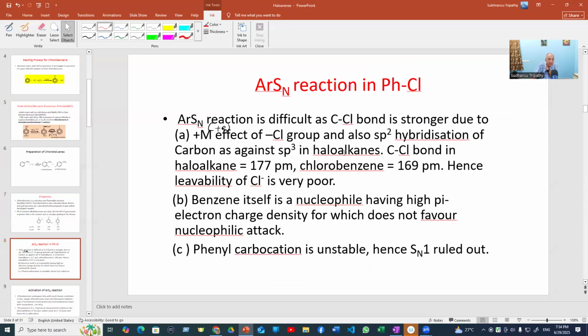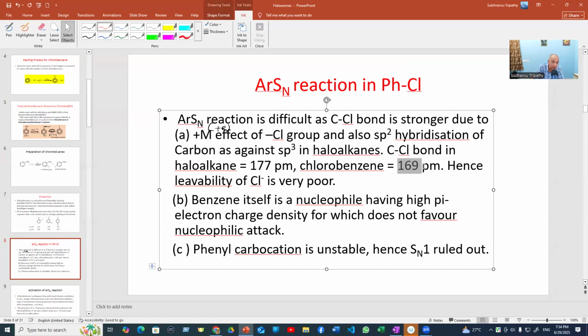We have already seen, I have written why in chlorobenzene ArSN is difficult. I have told you it is sp2 hybridized, and here I have given you the bond length, which is inversely related to bond strength. In chlorobenzene, since it's sp2, the bond length is 169 picometer, while in haloalkanes it is 177 because of sp3. So this bond is strong, and moreover benzene itself is a nucleophile, and SN1 is also difficult because phenyl carbocation is unstable.